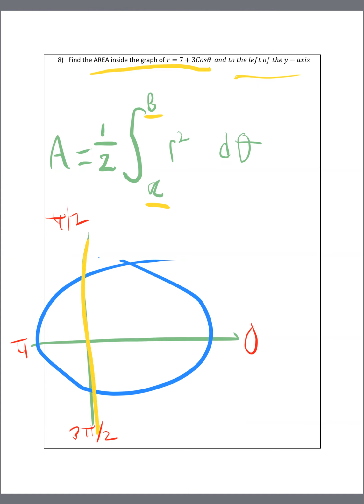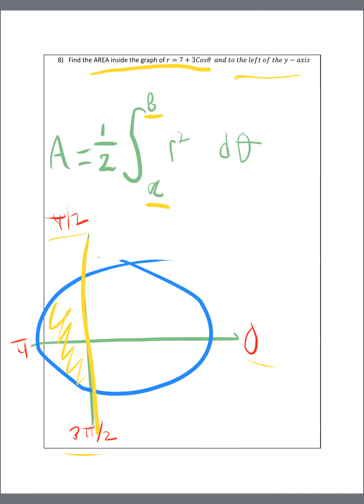The y-axis is obviously this, so it's asking for this part over here. I can eyeball it and tell you that it's from pi over 2 to 3 pi over 2, right? But if you were unsure of that and wanted to test it, you can just plug in those unit circle key values like 0, pi over 3, pi over 4, etc., and guess to see which one gives you the closest shape.